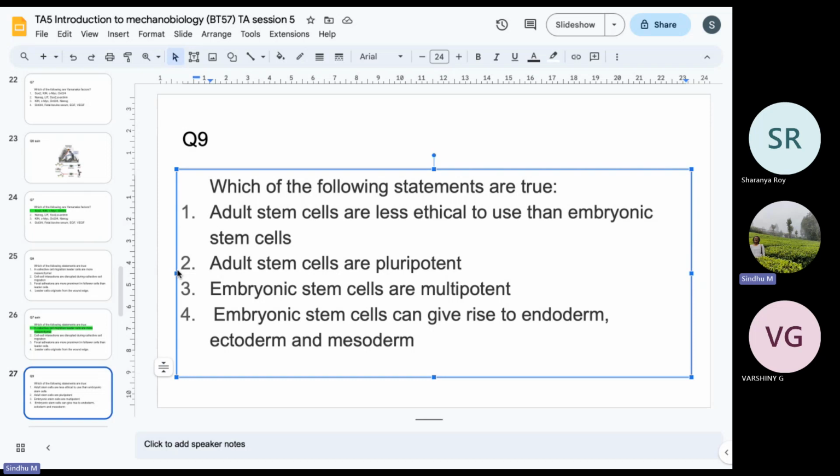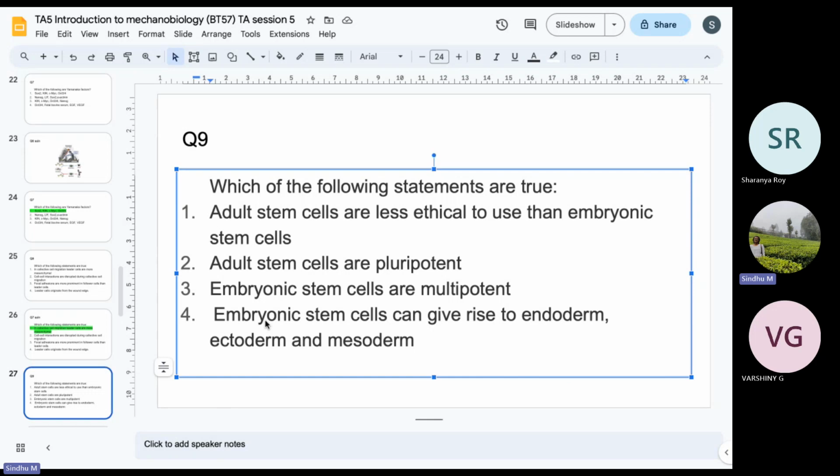For example, if you take the intestinal stem cell, then they can only give rise to epithelial tissue. They can't give rise to bone tissue and all. So the adult stem cells are called multipotent because only some cell types they can give rise to.